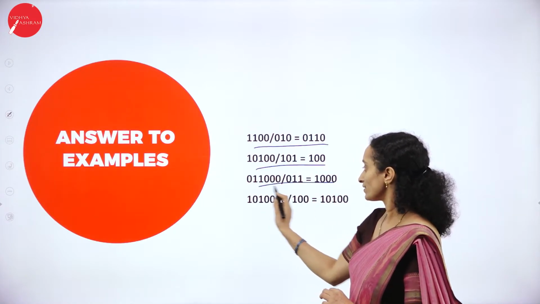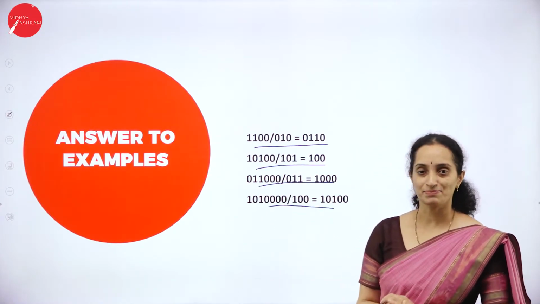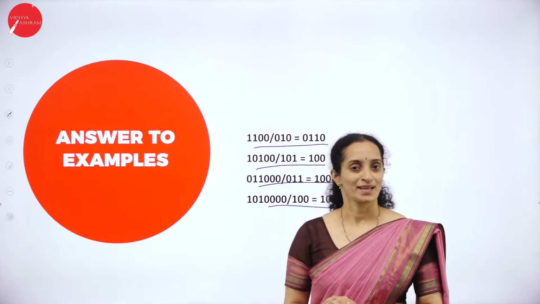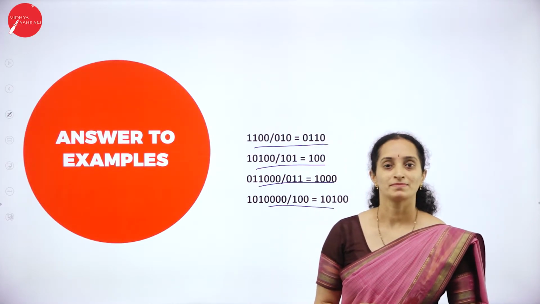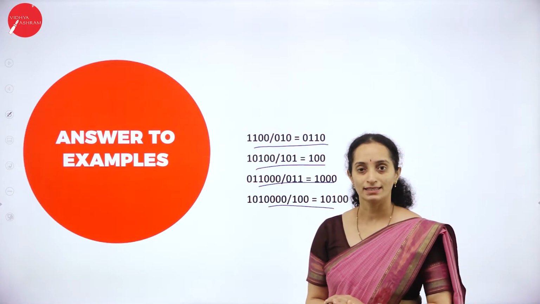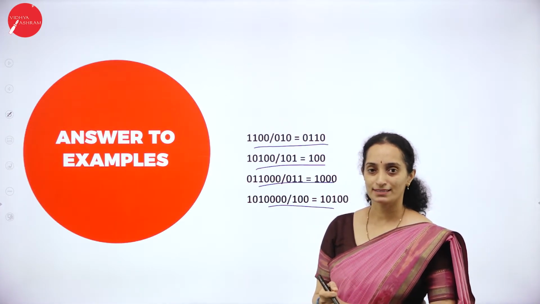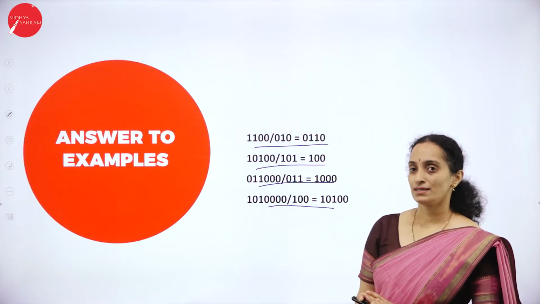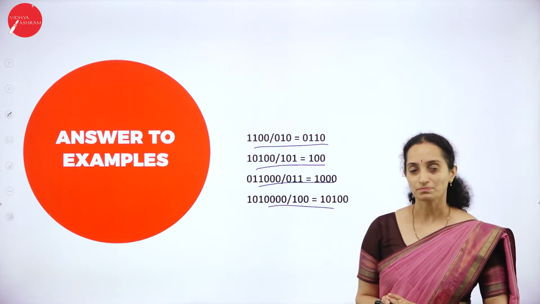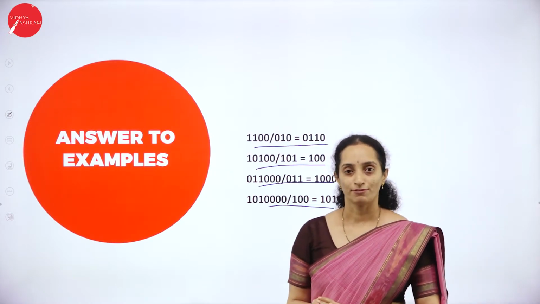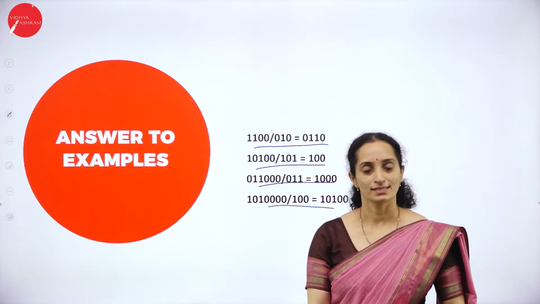Again, you can check the correctness by using the conversion concept. Alright. You just counter-check the answers that you have carried out. This is all about the answers for the problems from the previous sessions.